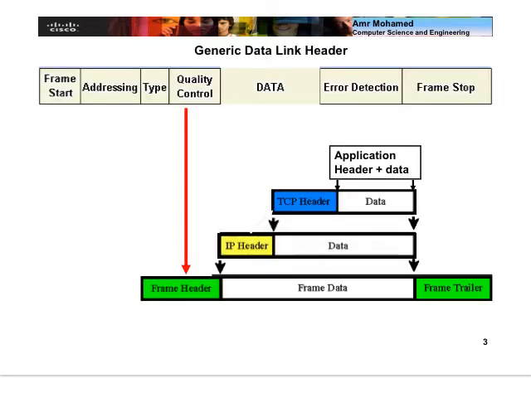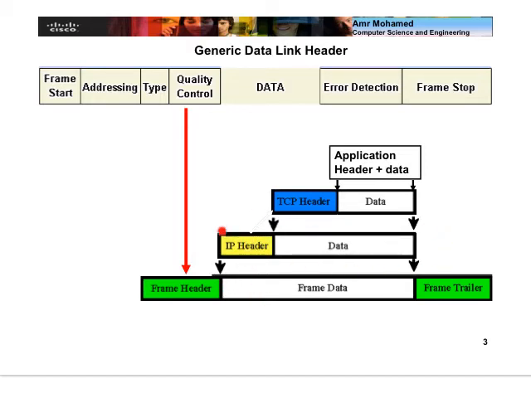So as we said before, the data link layer creates what we call a frame. The protocol data unit in the data link layer is called the frame. So the first thing that the data link layer does is what we call framing. It provides a framing service to the upper layer.